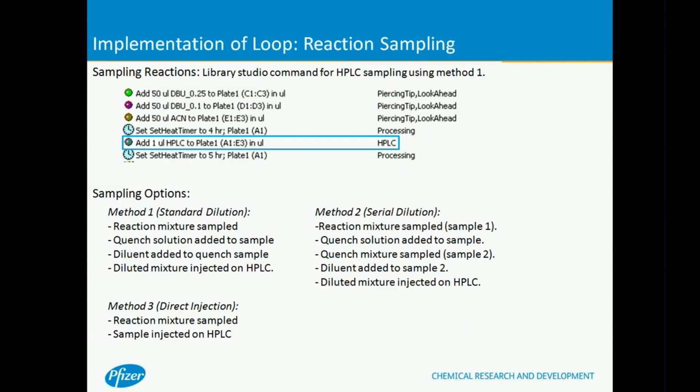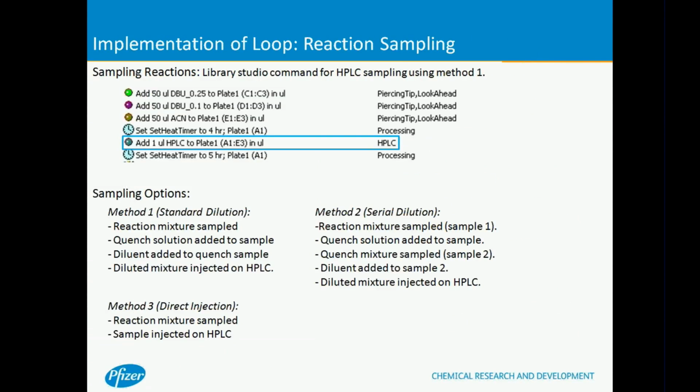The simplest is actually method 3, but this is also the least commonly used, where you just take a sample of the reaction mixture and inject it directly onto the HPLC. This is least commonly used because oftentimes we're running too high a concentration to do direct injection onto the HPLC.